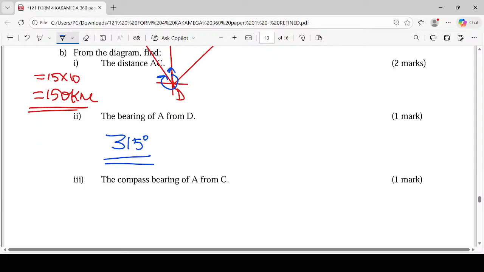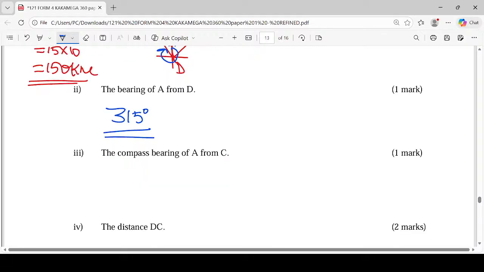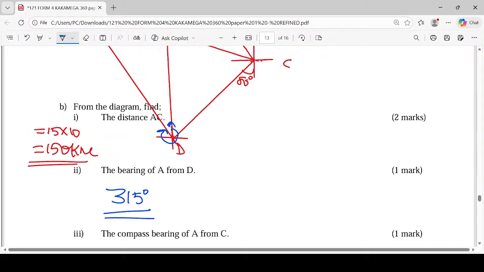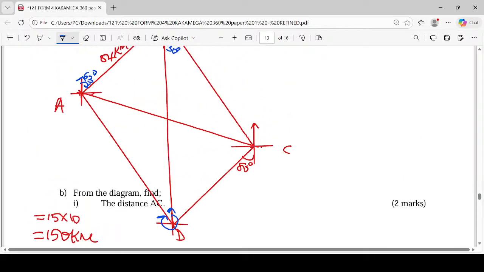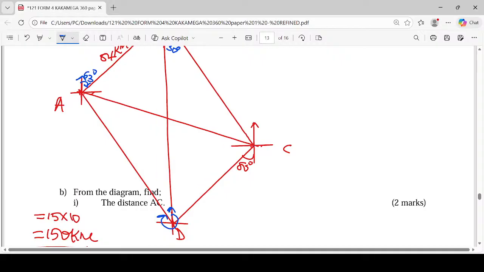315 degrees. Roman 3, the compass bearing of A from C. And they are very particular here. They want the compass bearing. So when you look at A from C, A is to the northern side of C and also to the western side.